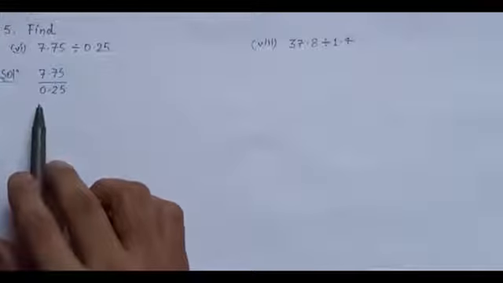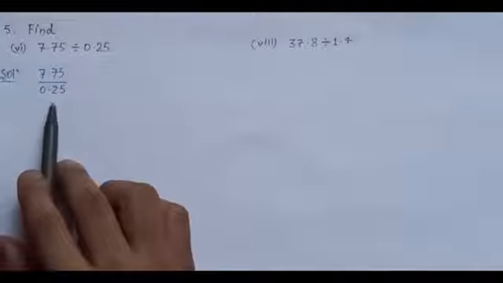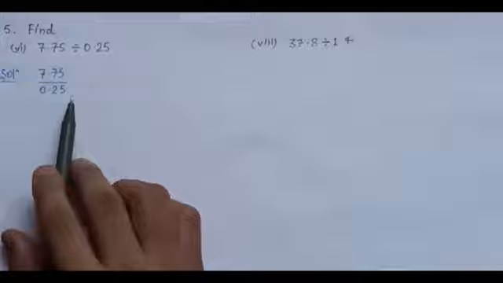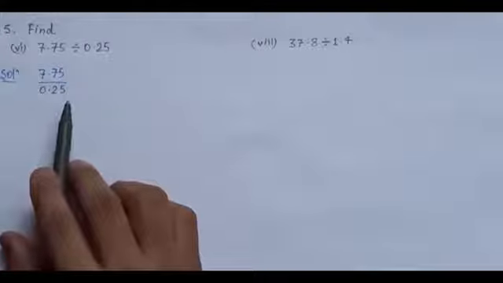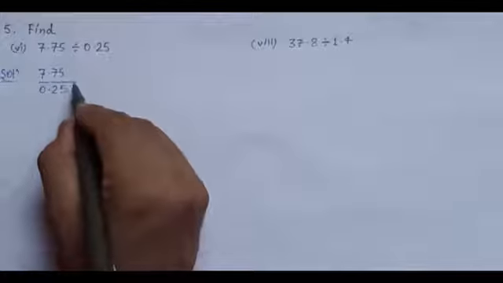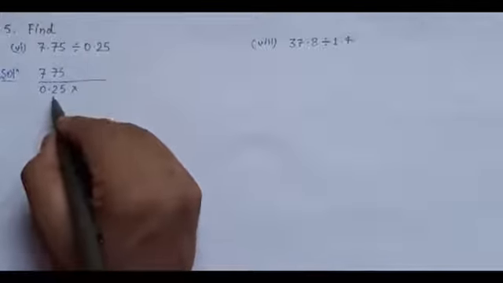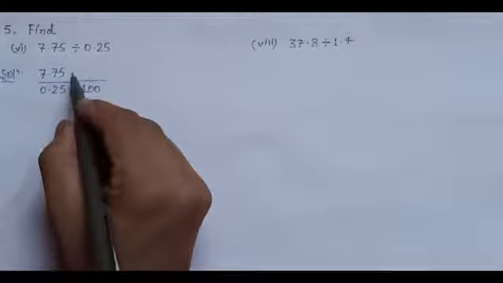You can see here 0.25 has 2 decimal places. So if we multiply this decimal by 100, it can be converted to a whole number. If we multiply this denominator by 100, then we also have to multiply the numerator by 100.